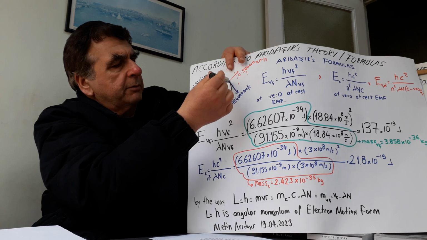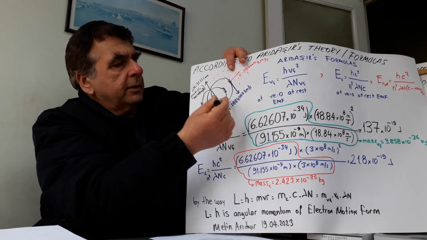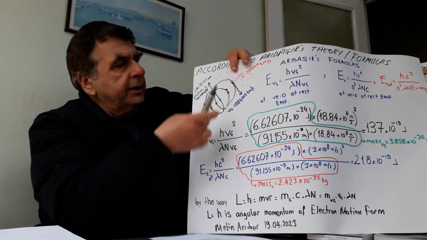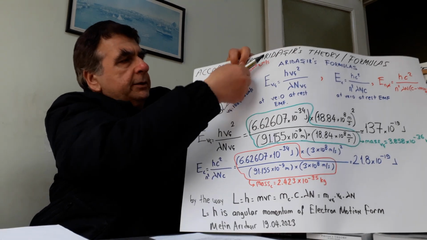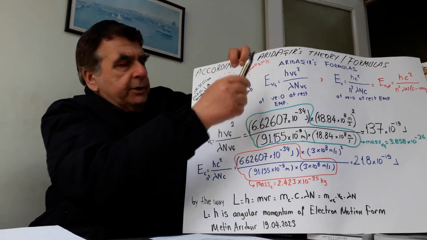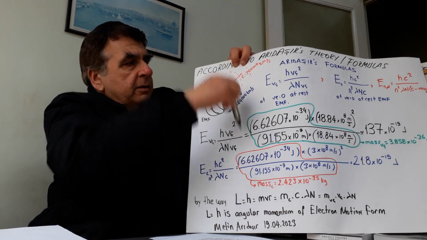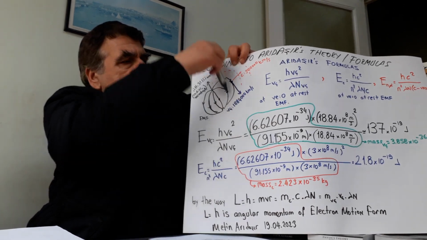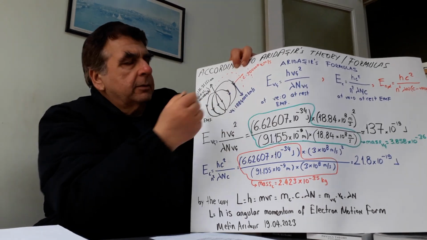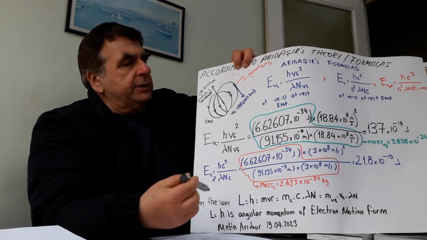This is a point. Maybe this one, maybe this one. A point. Okay. The perpendicular one is the speed of light direction, and the linear velocity one is the linear velocity direction.